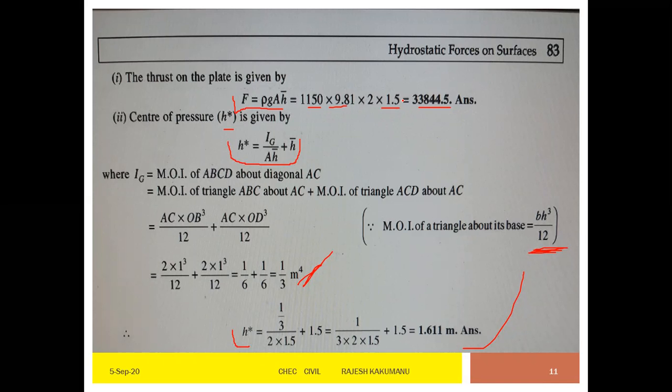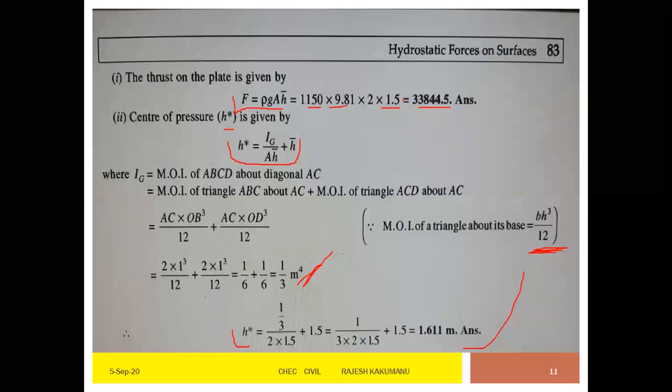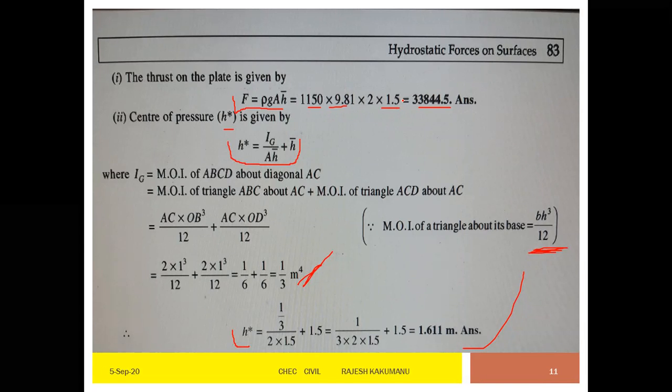Unmute your mic and you can talk to me. Getting the problems? You can chat me or talk to me. I should know whether you understand or not. Ravi Teja, Sandeep, Snehalatha, are you understanding the problems?